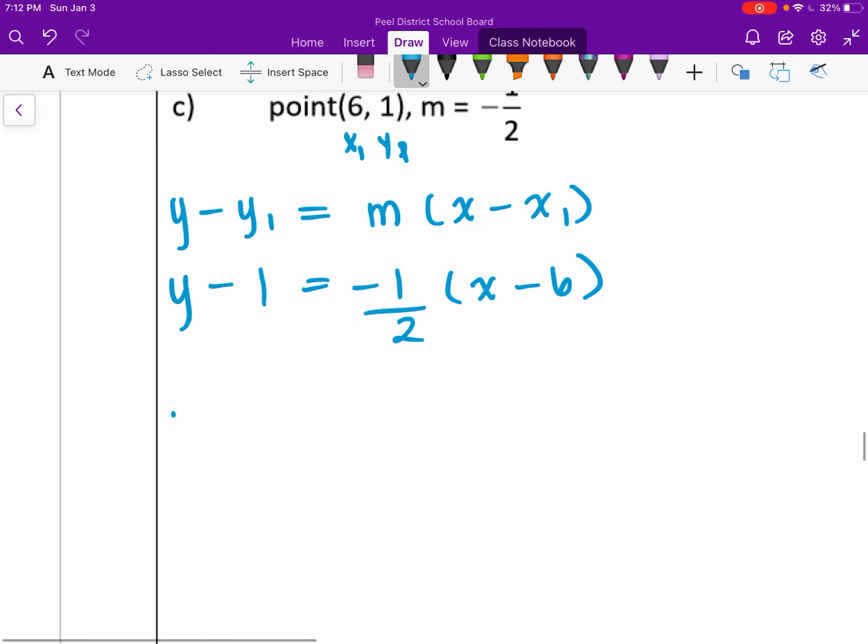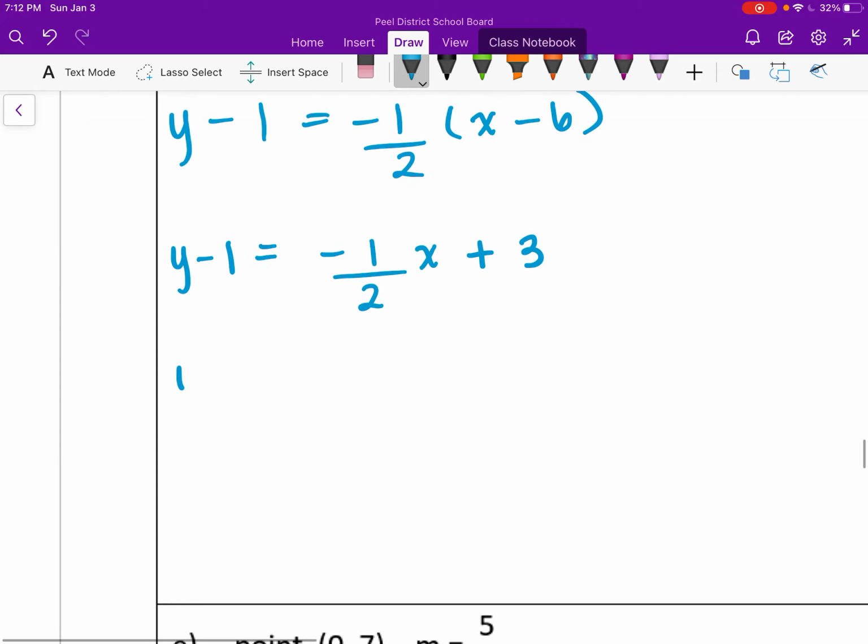Right, so then I'm going to have to distribute that negative 1 over 2 to the x, and then negative 1 over 2 times negative 6 is going to be positive. 0.5 times 6 is just 3, positive 3.